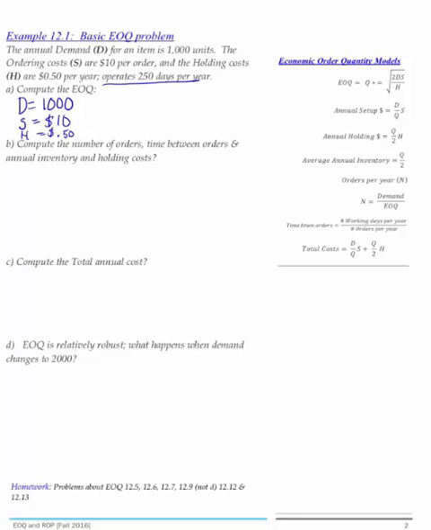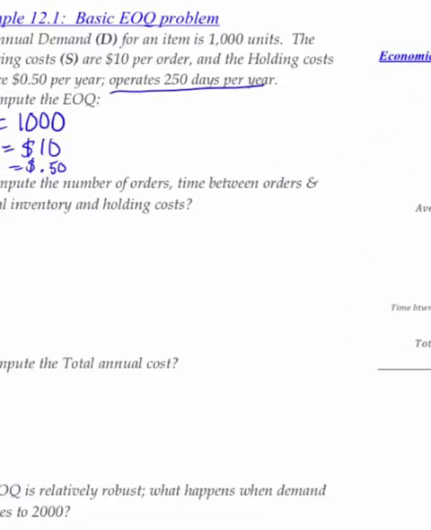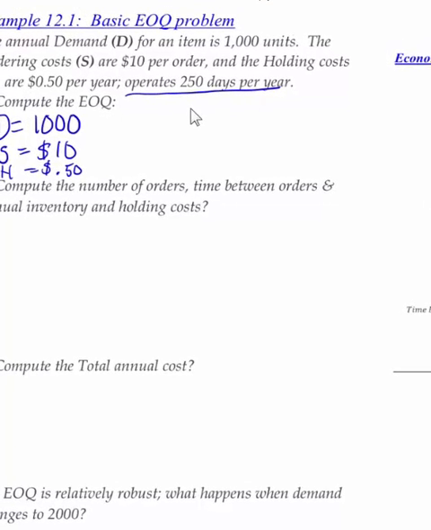So the first thing we want to calculate is going to be the economic order quantity, which we'll do right here. EOQ will equal the square root of 2 times 1,000, that's our annual demand, times S, which is going to be 10, divided by H, which is 0.50.